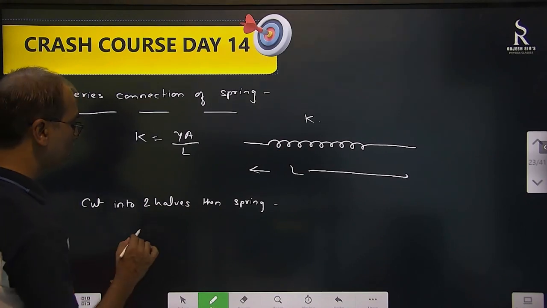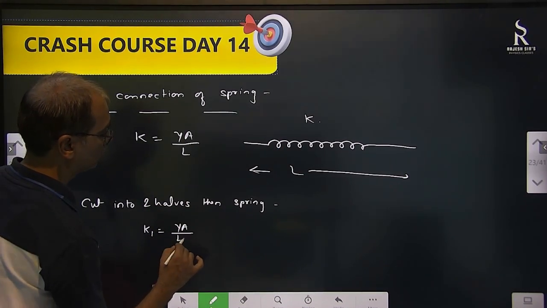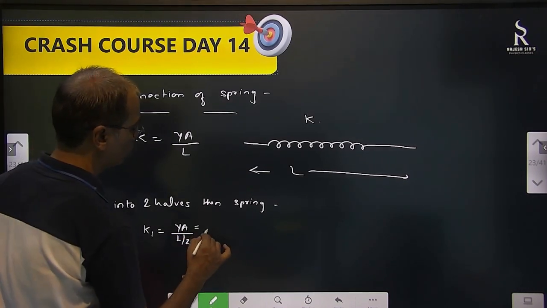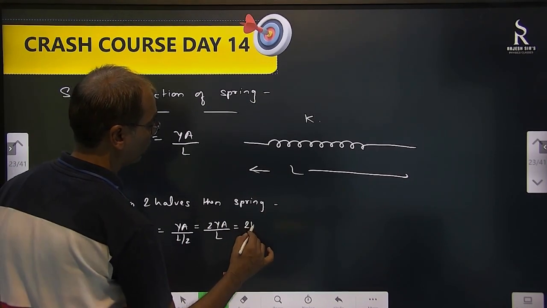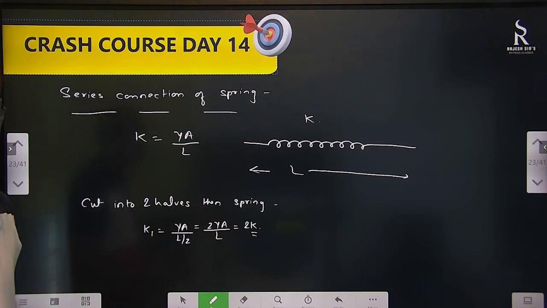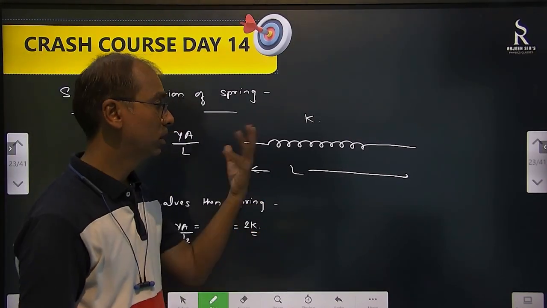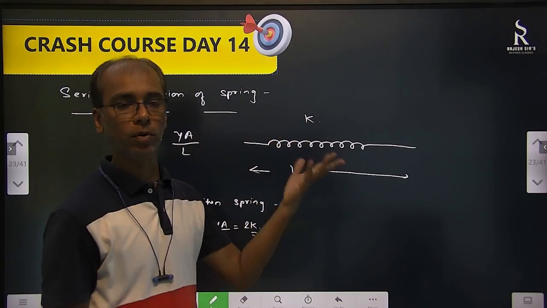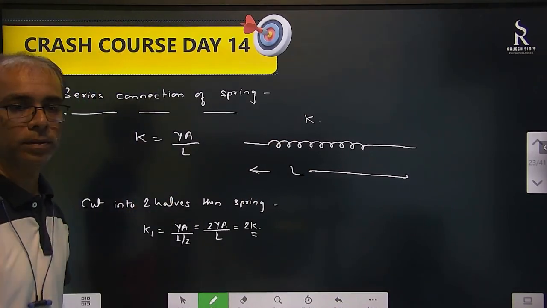So what is k? YA by L by 2. Because you didn't change Y, you didn't change the area, only the length changed. So it became 2YA by L. That means it is 2k. If you make it 1/3, then the spring constant is 3 times. 1/4, then the spring constant is 4 times. So k is inversely proportional to length.